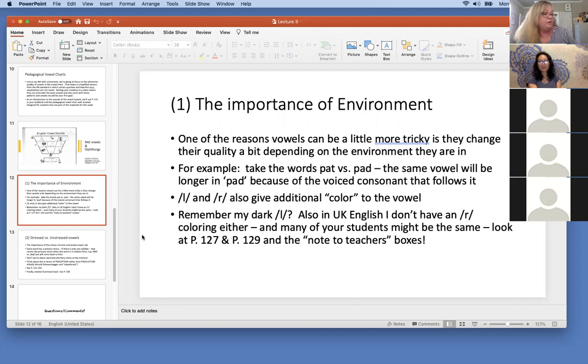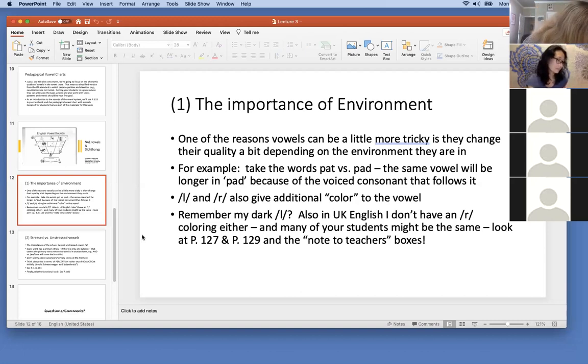So if you look on page 127 at these rather handy teacher boxes, one on 127 and one on 129. There's teacher boxes throughout. But if you look at page 127, you've got these R colored vowels. So you've got "I" versus "ear" in "mirror," okay?